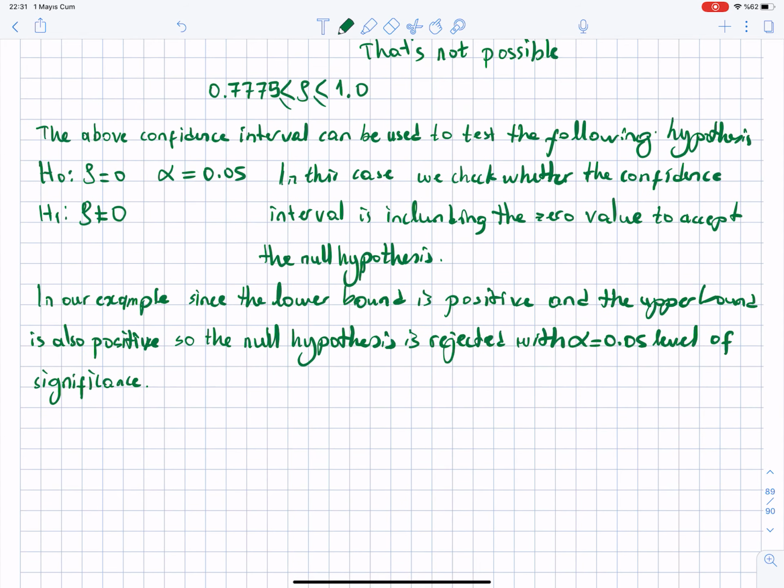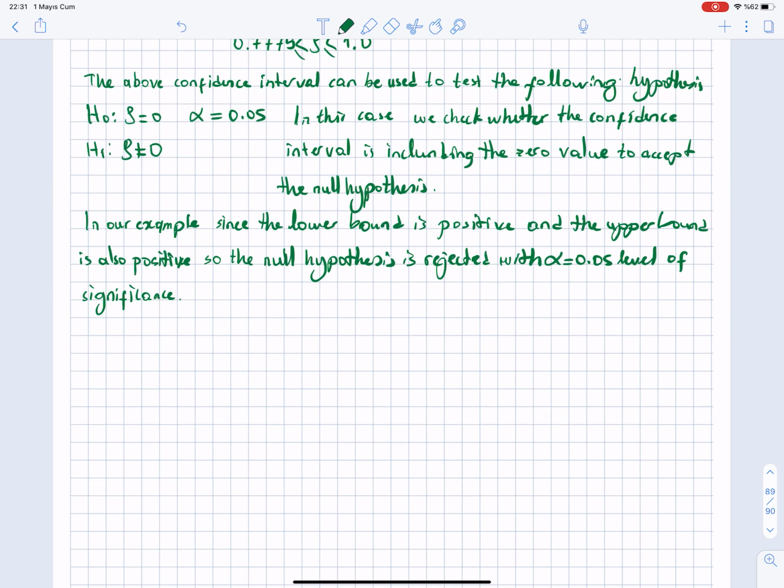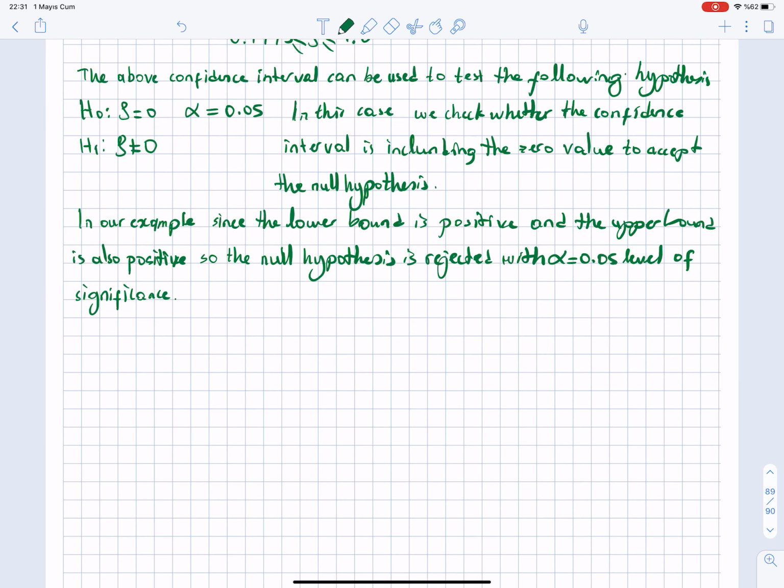Okay, and that's it. And now I think you're clarified how to construct a confidence interval for the Pearson correlation.